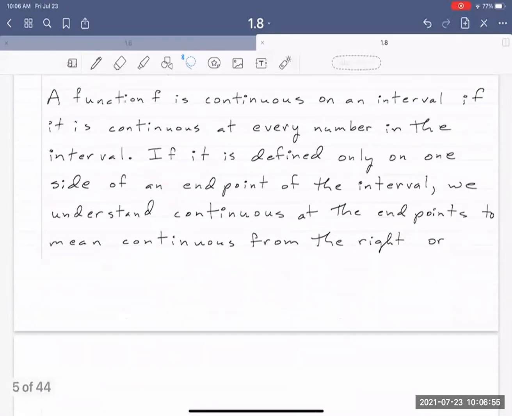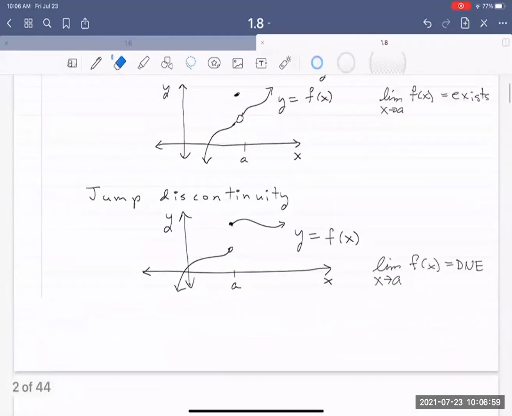And so this would be considered as a continuous function.